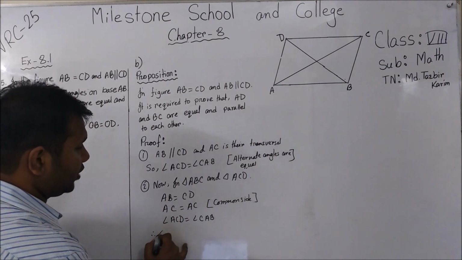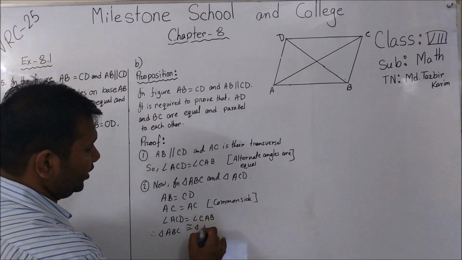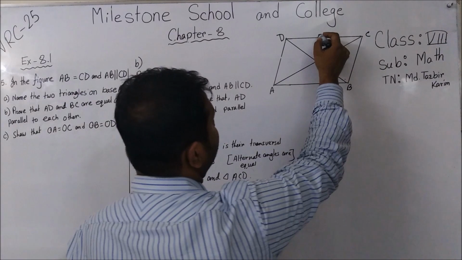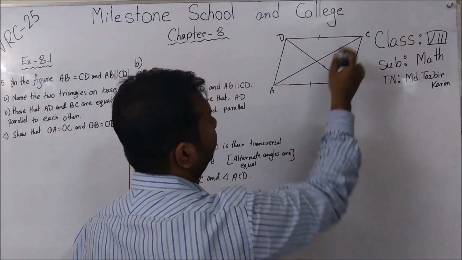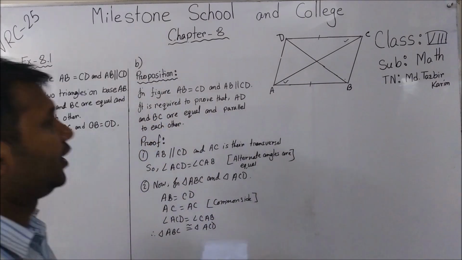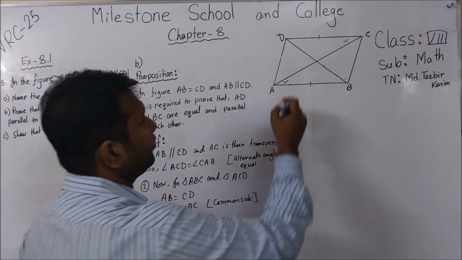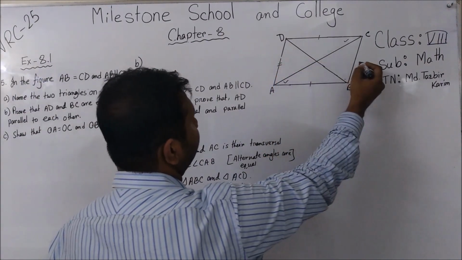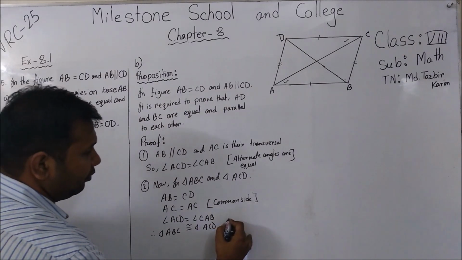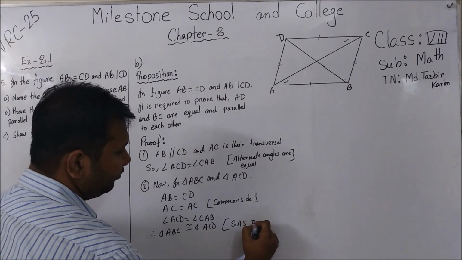Therefore triangle ABC is congruent to triangle ACD. So this side and this side are equal, AC is the common side, and this alternate angle is equal. After showing they are congruent, I am going to say AD equals BC, by the SAS theorem.